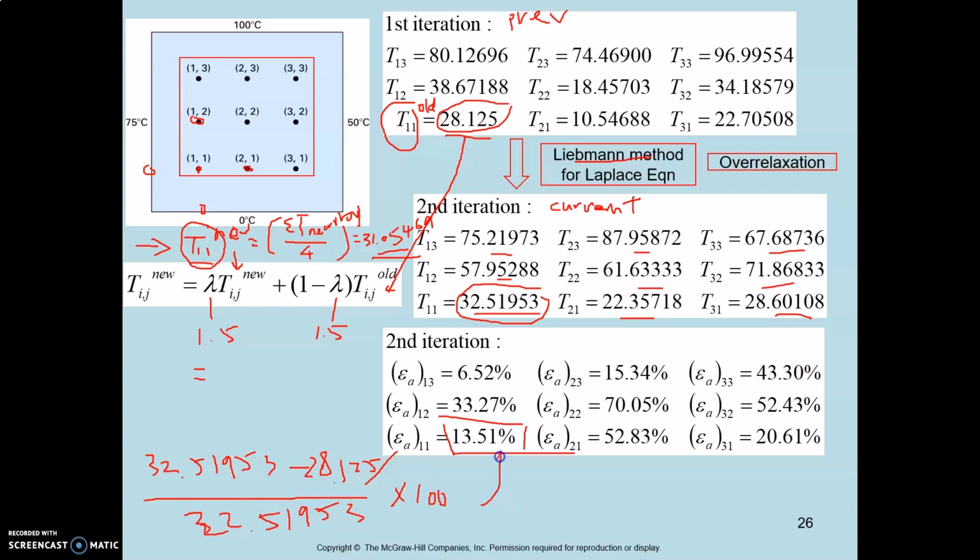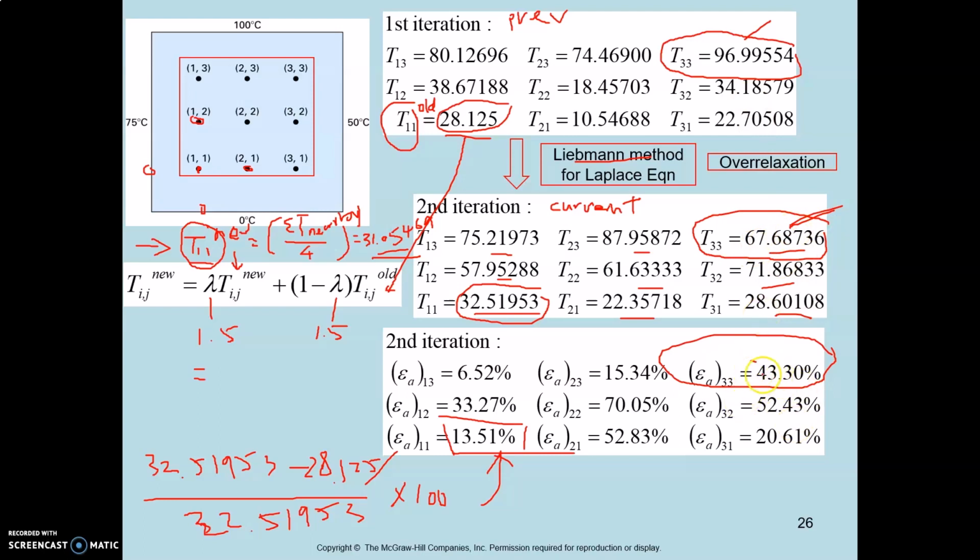You should get this. If you want to find the error for the last point, you take the current minus the previous one, and you get a negative value, divided by the current 67 and multiplied by 100%.